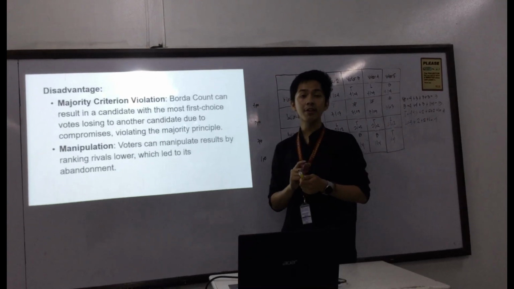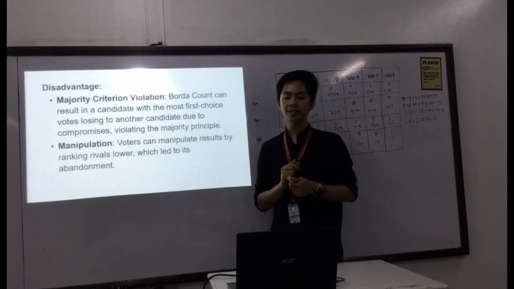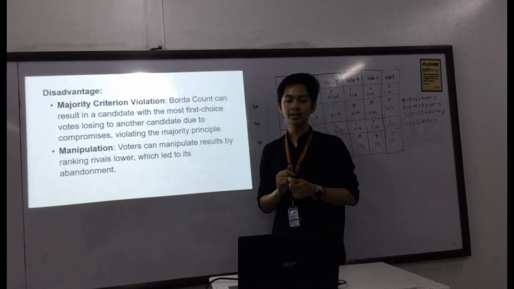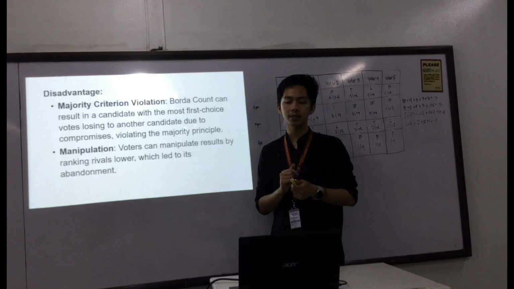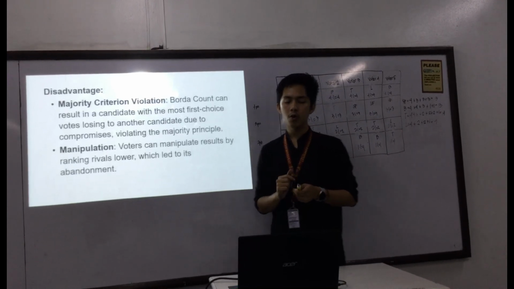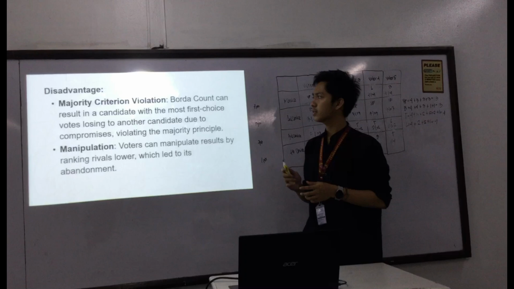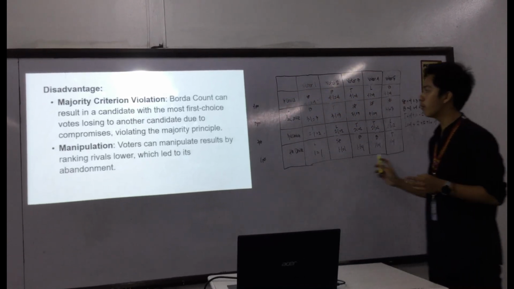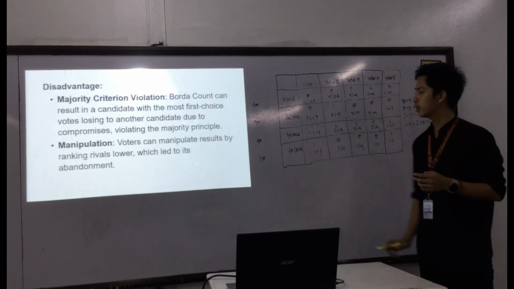Then majority criterion violation. Borda count can result in a candidate with the most first choice votes losing to another candidate due to compromise, violating the majority principle. So it can violate the majority criterion by doing such points.